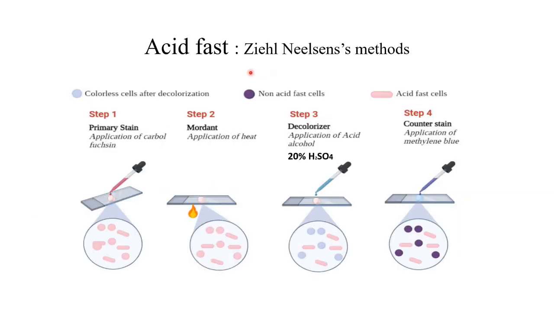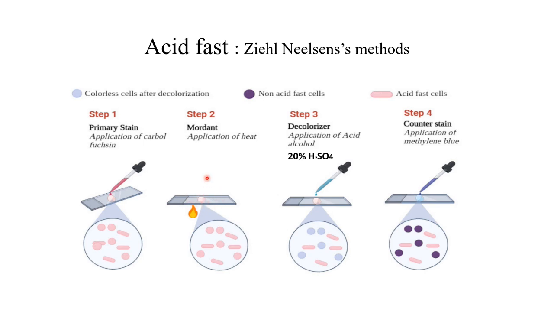Acid-fast staining, Ziehl-Neelsen method procedure. In this method, first we add the primary stain, that is strong carbol fuchsin, to the smear, and after that we heat the smear until vapors arise. What happens during heating?